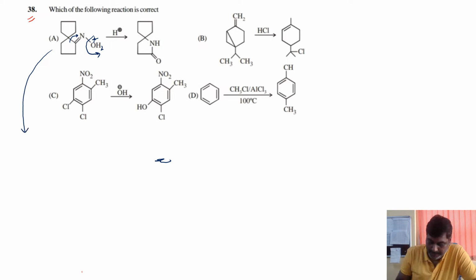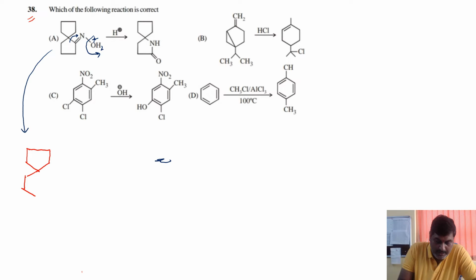I just write here the product. The product will be: let this 5 member ring be the 5 member ring only, and this one is basically the 6 member ring, right?